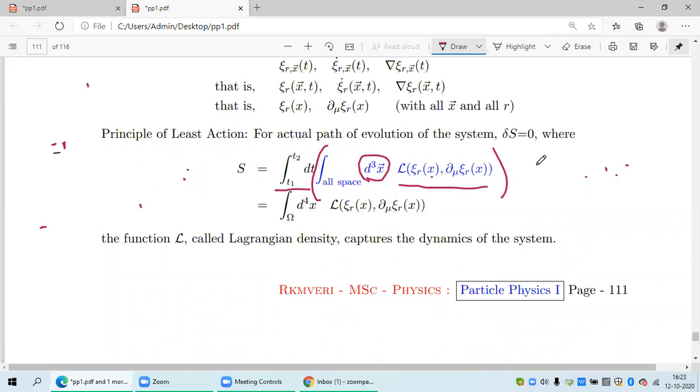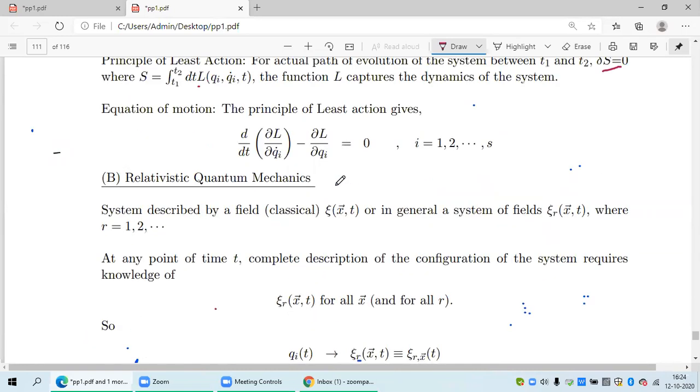Point function means at every x and t, this curly L has some value. This is not the total Lagrangian. If you integrate it over space, then you have a function L which is a function of t only, because you have done the spatial integration.